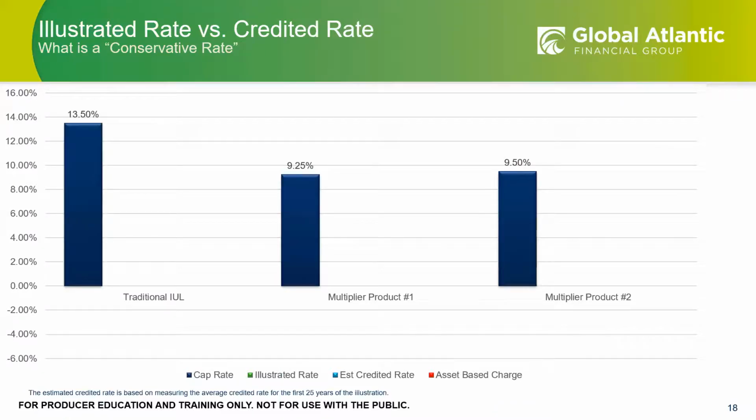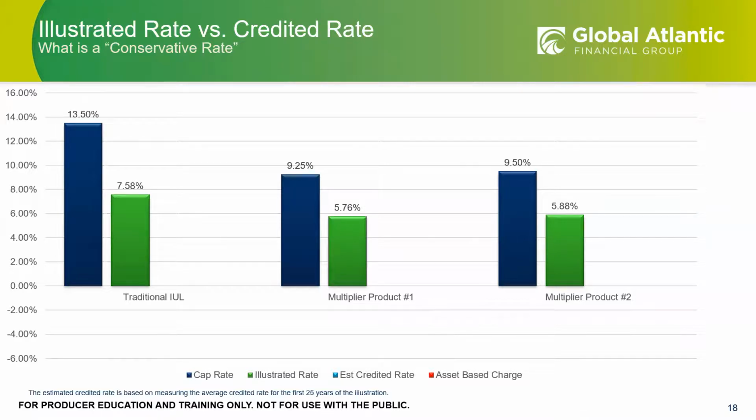So if you look at the cap rate, typically on a traditional IUL without multipliers, you're going to see a higher cap. The reason is just the way the product design is, you're going to typically see that little bit higher cap there on a traditional IUL. So regardless of who that is, us, AIG, some of the other carriers out there who are still pretty strong in that non-multiplier market. But then you take into account whatever the illustrated rate is.